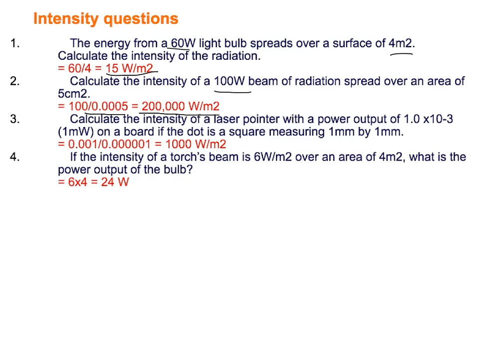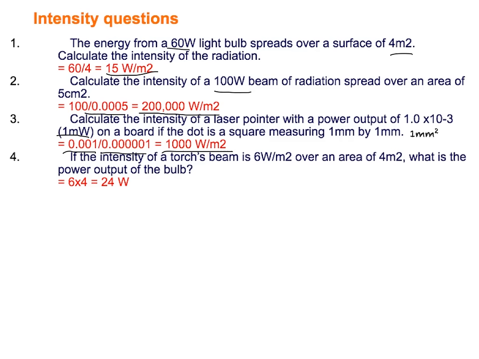In question 3, once again finding the intensity, we had a power of 1 milliwatt, which is equal to 0.001 watts, as well as an area of 1 millimeter squared, an area of 0.00001 meters squared, giving us an intensity of 1000 watts per meter squared.